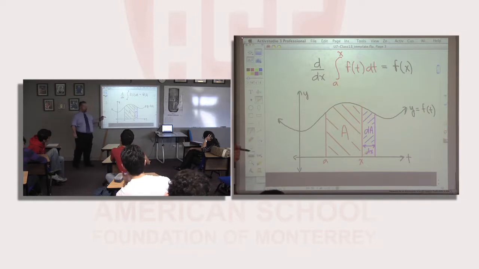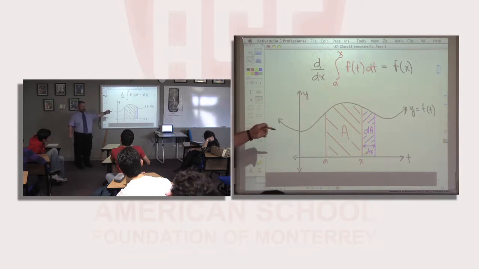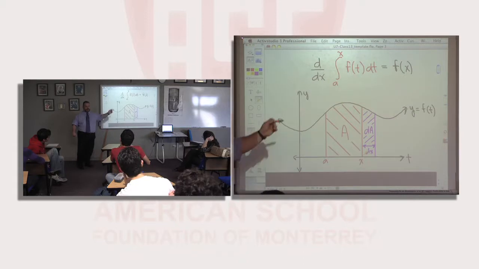If I make a small change in x, if I increase x by dx, how much does dA change? Approximately. If we're going to take an integral, we get it exactly. But if I just want an approximation, how big is dA?